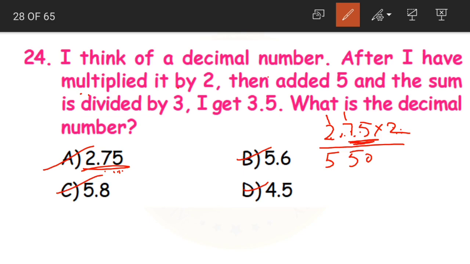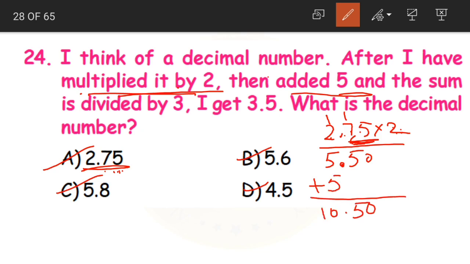Here we are having 2 digits to the right, so we will place a decimal point after 2 digits from the right. 5.5 is the product. Then add 5 to it. When we add, the answer will be 10.50, and the sum we have to divide by 3.